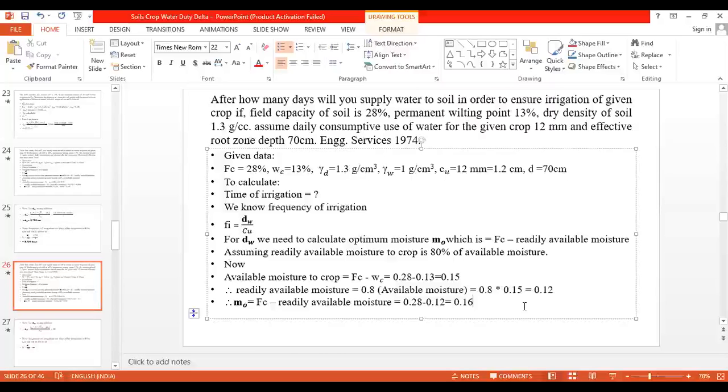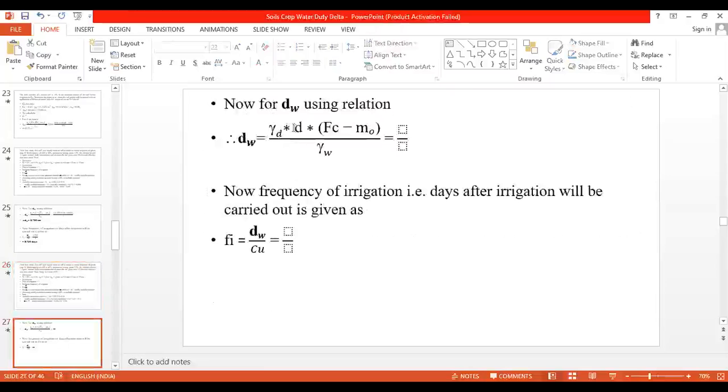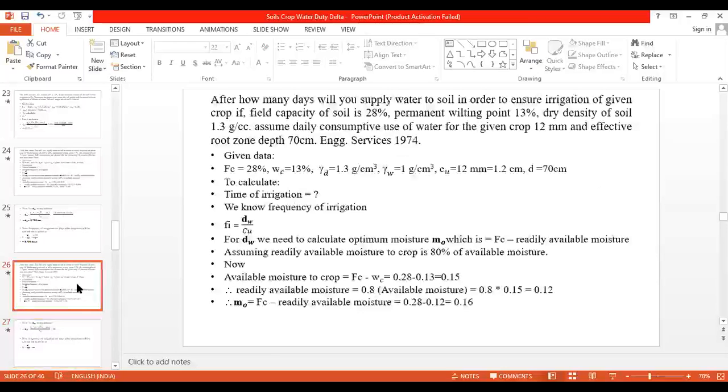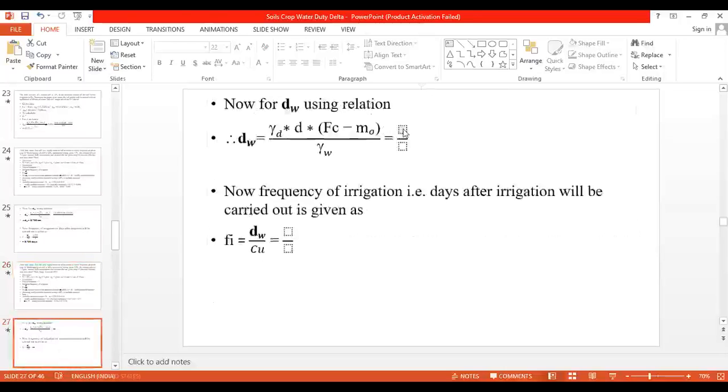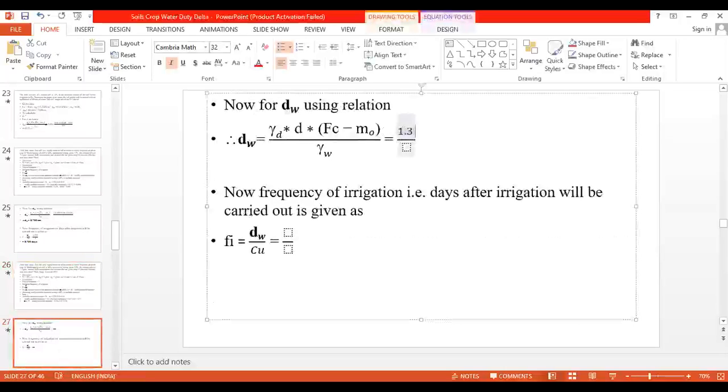Now the next part is the depth of the water, dw, we have to go for. How to go for dw? We know the relation. dw is equal to gamma d into d into fc minus m0 divided by gamma w. Clear? So just put in the values. Gamma d is 1.3 into root zone depth of 70 centimeters into the field capacity.